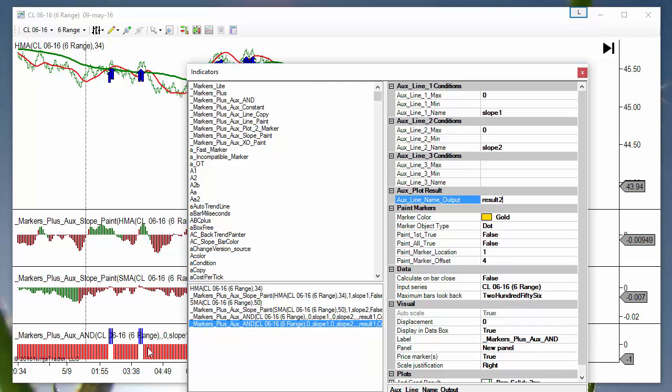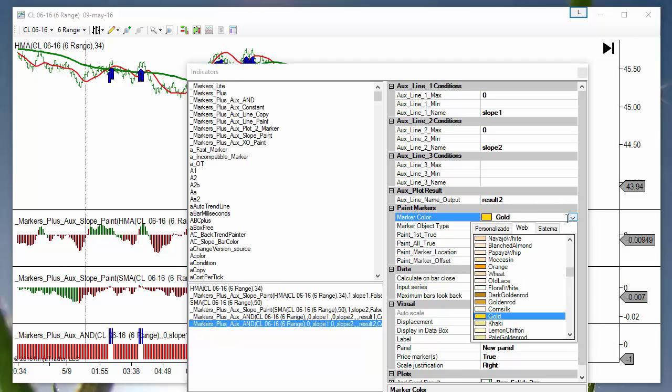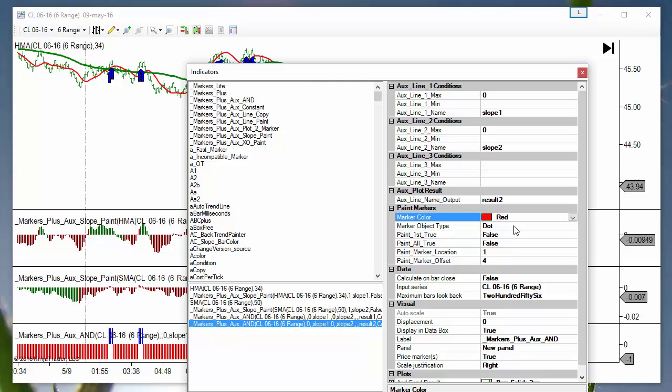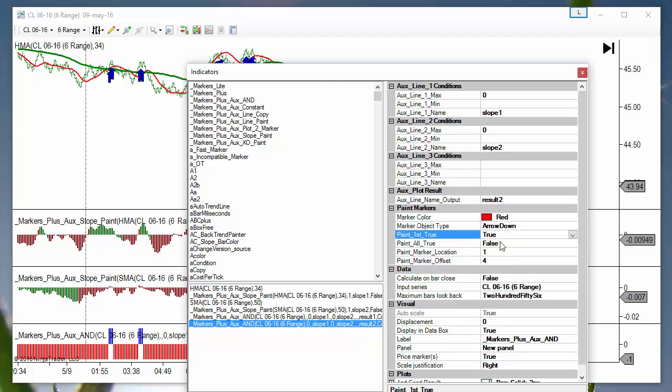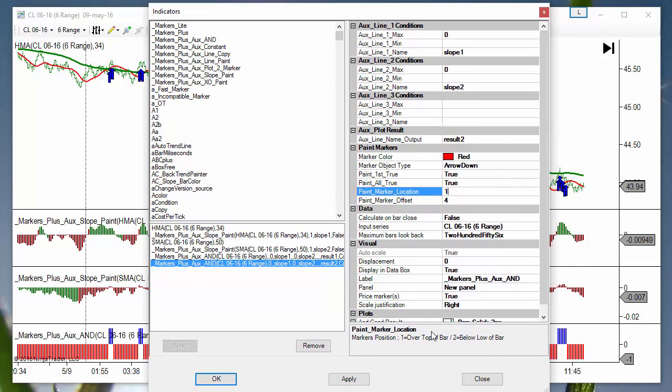Result number 1 is the histogram at the bottom with values of +1 or -1, depending if it is true or false. When this condition is true, I want red down arrows painted on the first and all the other signals, and over the top of the bar.